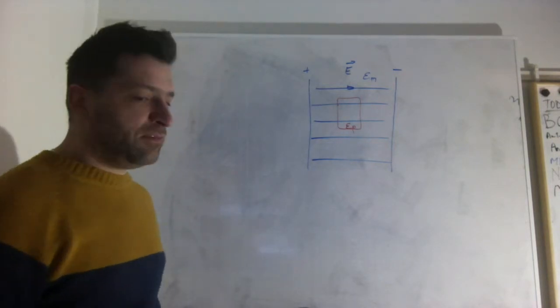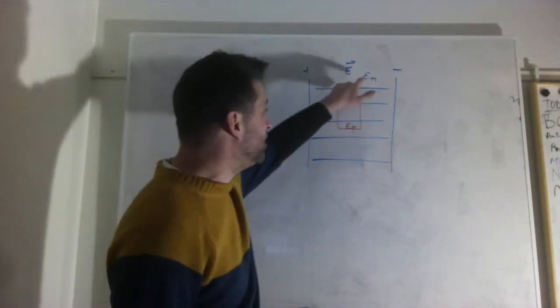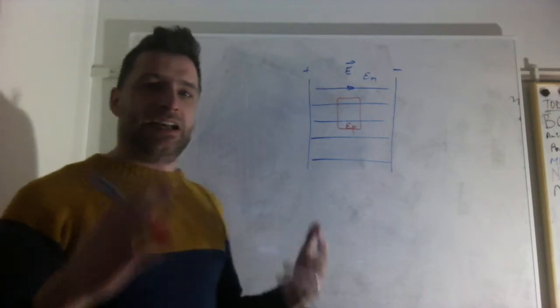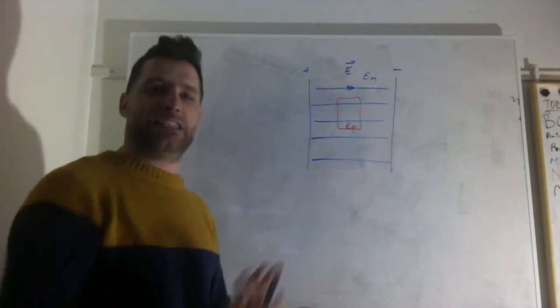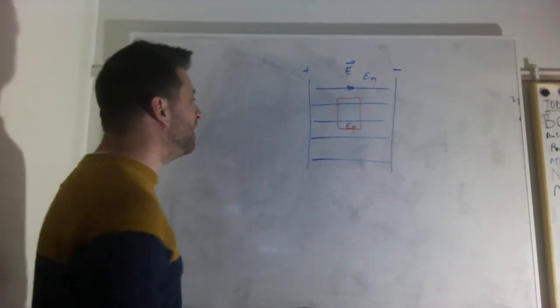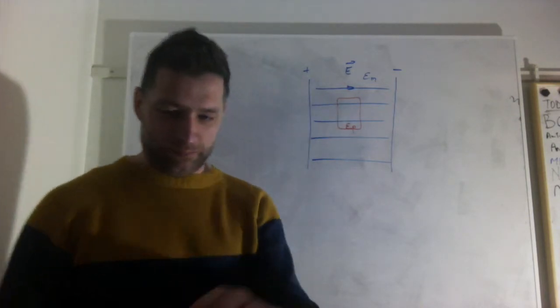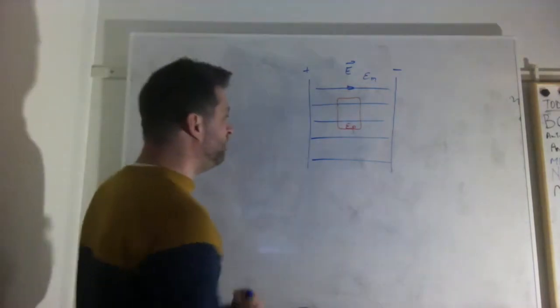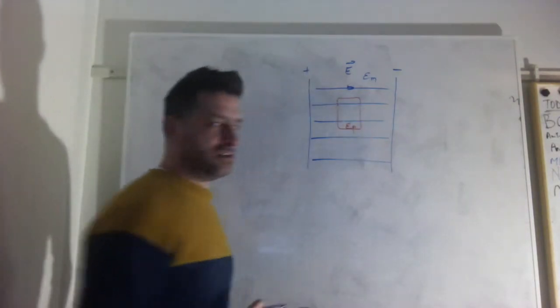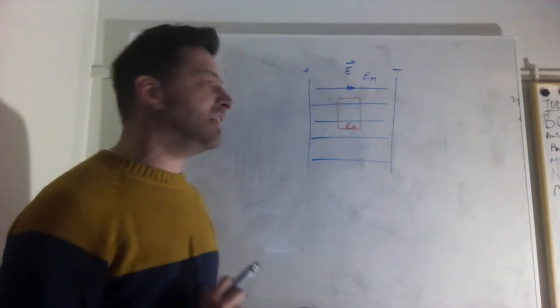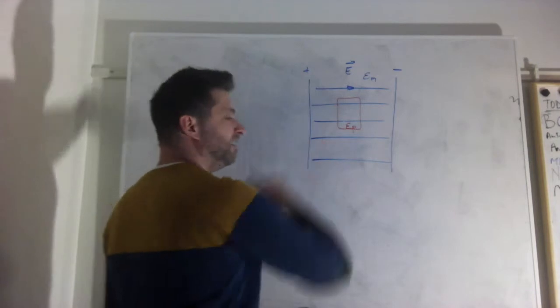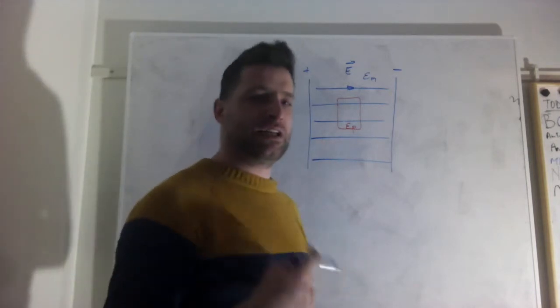Well, if the permittivity of the particle and the medium is the same, then the electrostatic field lines will look exactly the same. However, if the permittivity of the particle is larger than that of the medium, that means that the field lines like the particle more than they like the medium. So the larger the permittivity, the more the electrostatic field lines like it.